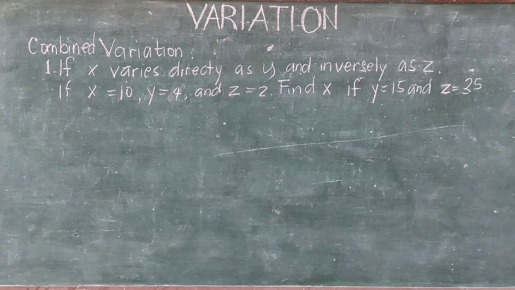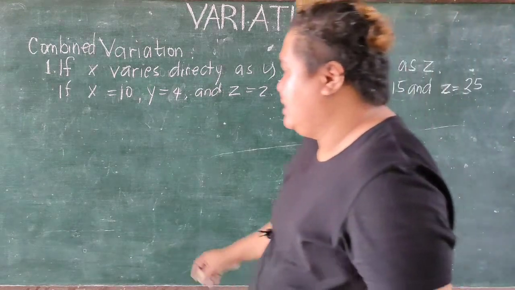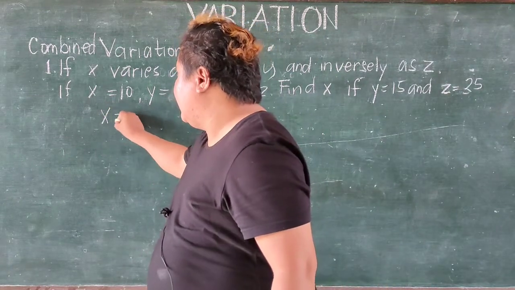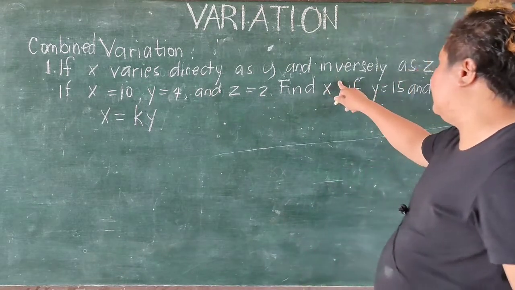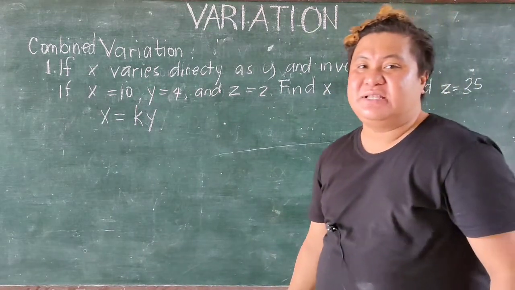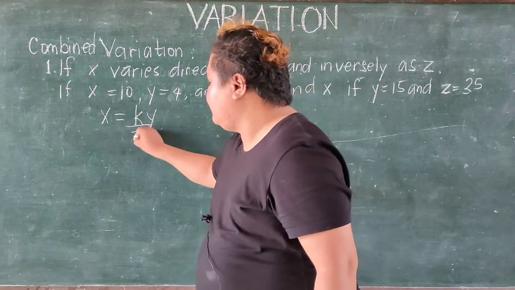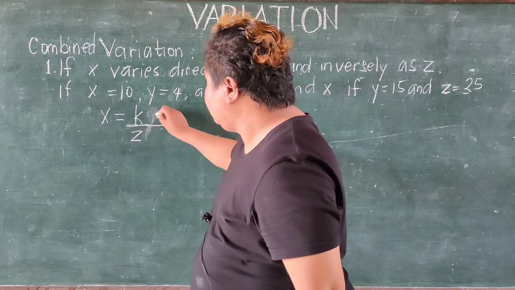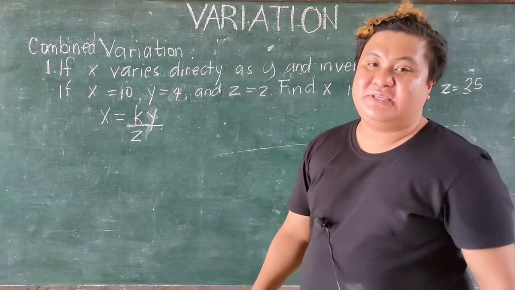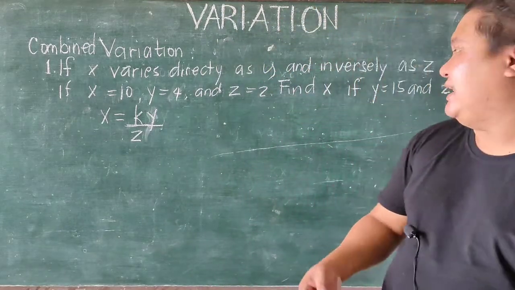From the first sentence, you are going to get first the equation, which says that x varies directly as y. So we have x is equal to k y, and inversely as z, so over z.